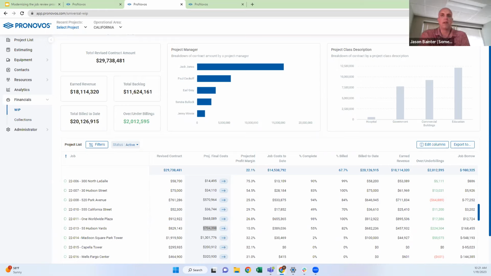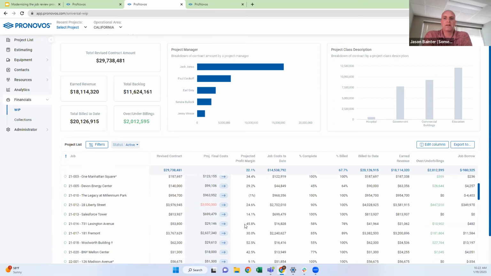Having an overbilling means that the customer is typically paying for the job, whereas having underbillings means that you're not billed to progress and the company is having to pay for the job, the material, the labor, all of that, which is not good for the company.